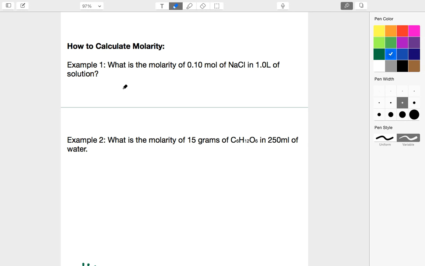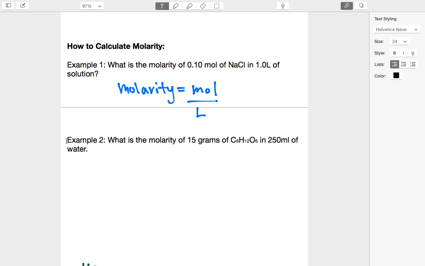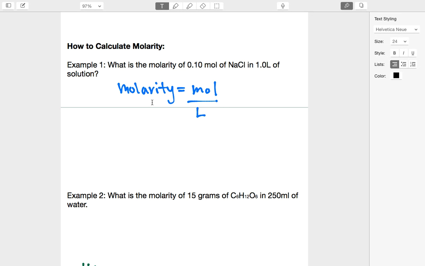So remember that my equation for molarity is, I'm just going to write this down, molarity equals moles of solute divided by liters of solution. I'm probably going to need some more writing space, so I'm going to shift this down.